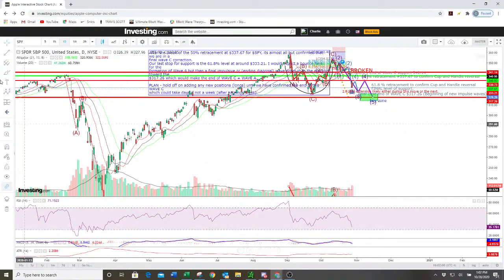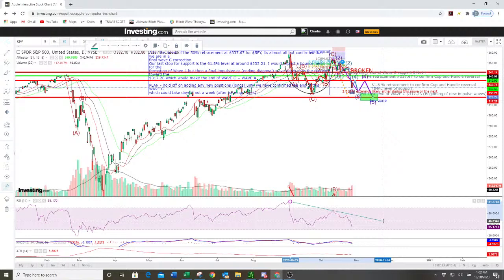Remember that when we're going from a wave 3 to a wave 5, what we want to see is a divergence in RSI and in MACD, and we don't have it here, right? From this high here on June 8th, RSI actually increased, so to me that's not a wave 3 to wave 5. Where we have the divergence, or possibly we'll have the divergence, is up here at the high of September 1st. We've been having this downtrend of RSI. So to me, that feels much more like a wave 5 is still yet to come.